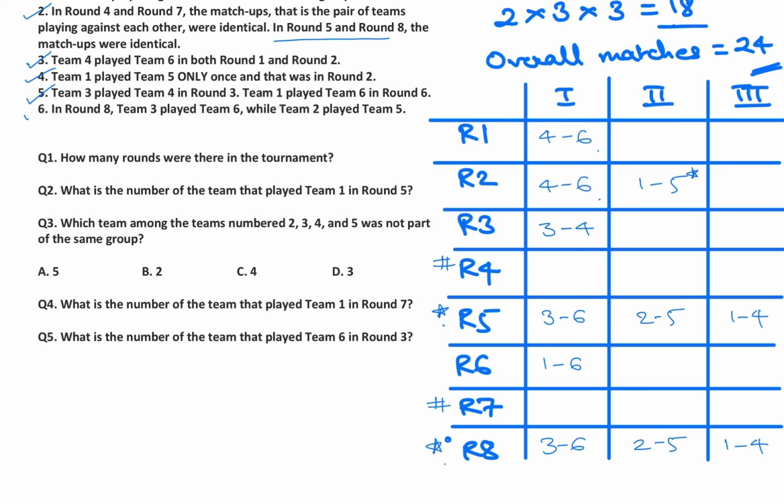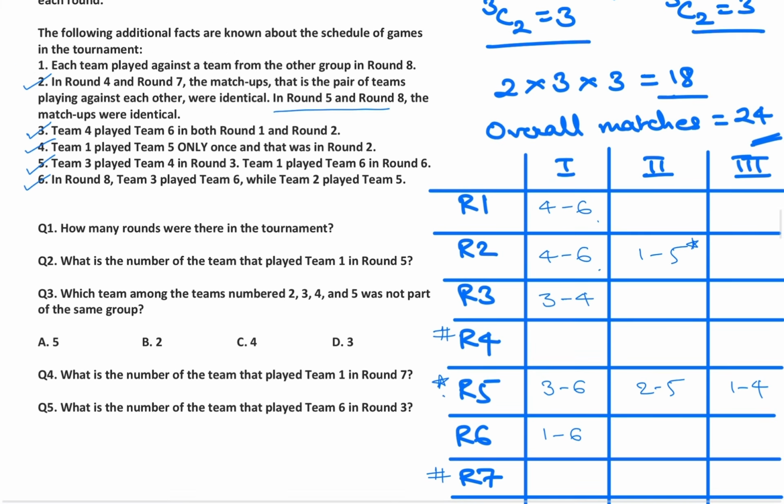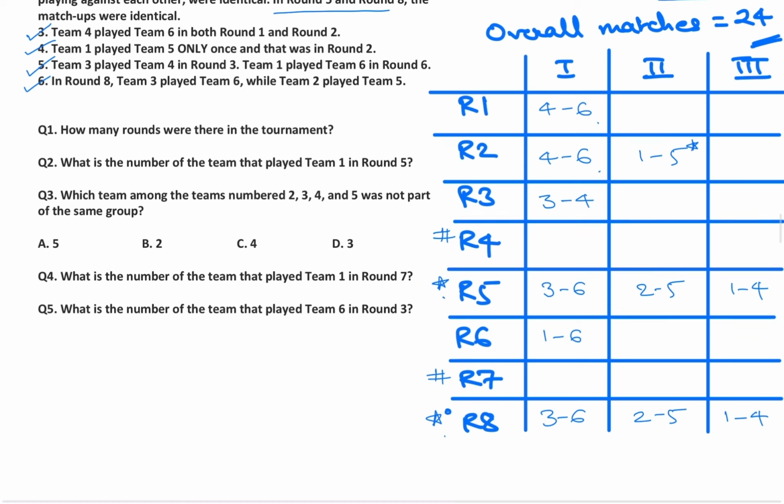Now, if you remember from point number 1, it was mentioned that each team played against a team from the other group in round 8. So the matches played in round 8 have both teams from different groups. So 3 and 6 are from different groups, 2 and 5 are from different groups, and 1 and 4 as well.